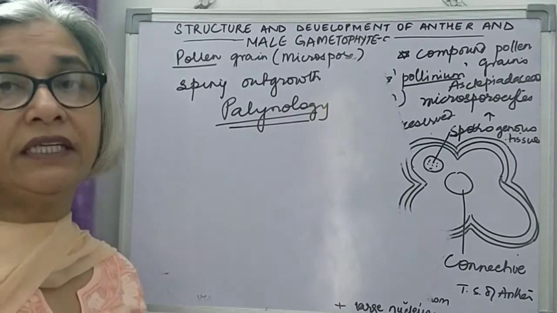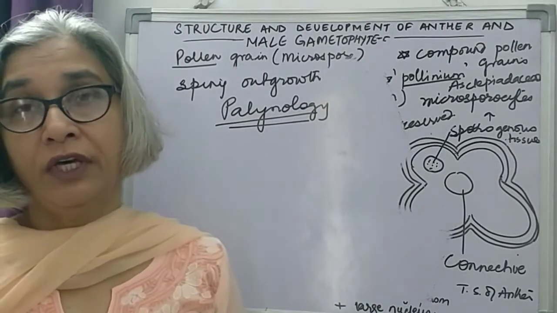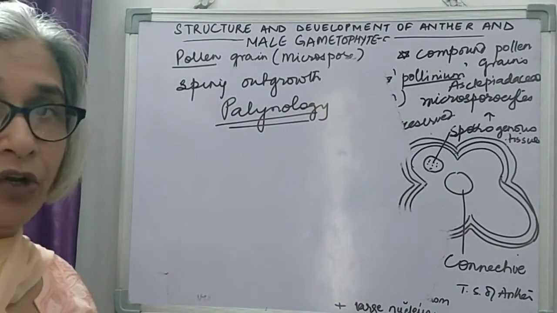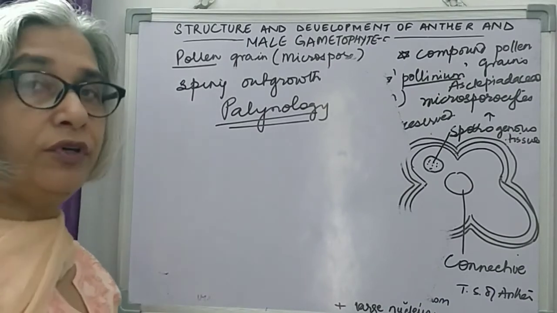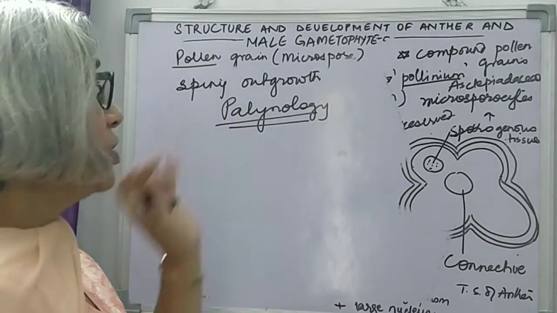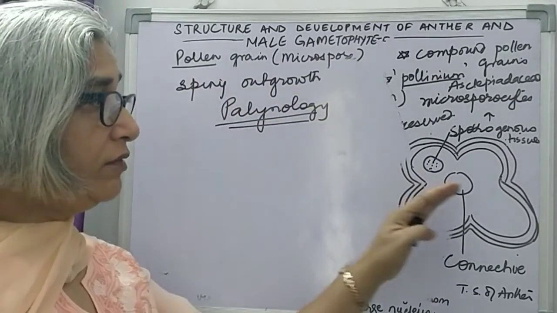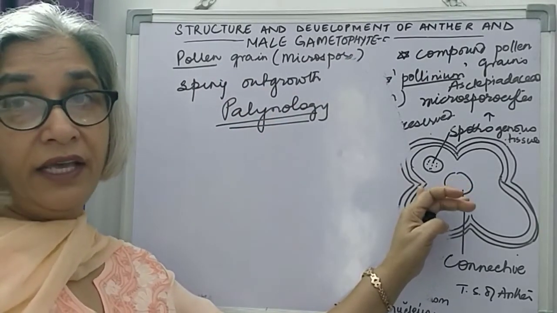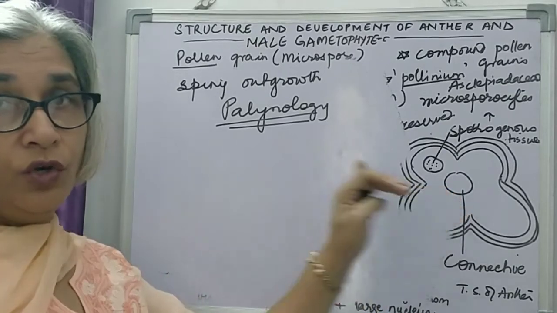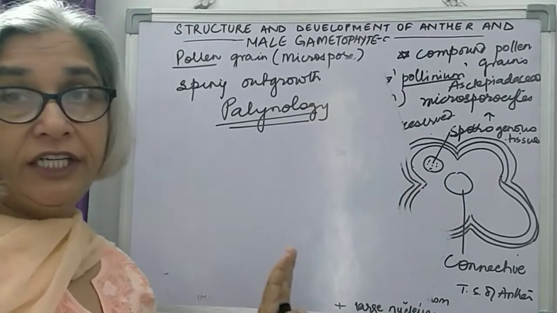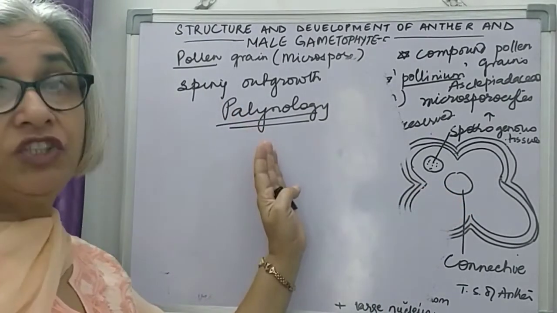The science dealing with the study of the outer layer of the pollen grain, the kind of outgrowths that they have, is called palynology. Now, once the pollen grains have developed, this anther dehisces through openings called stomium. Pollination takes place, pollen grains germinates.